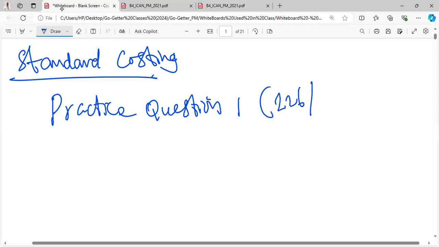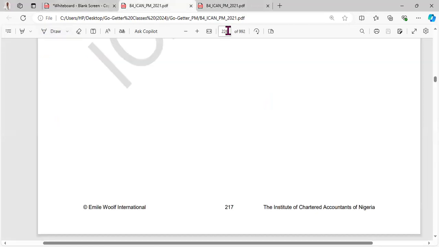If you're using the soft copy, it is 226 here. If you're using hard copy, it is 217. That's what I mean.